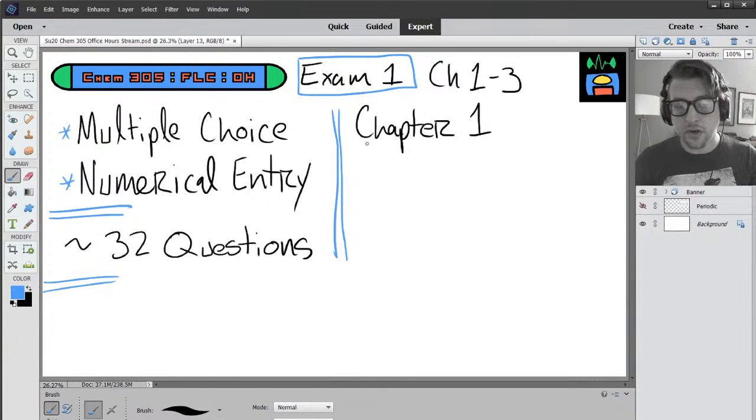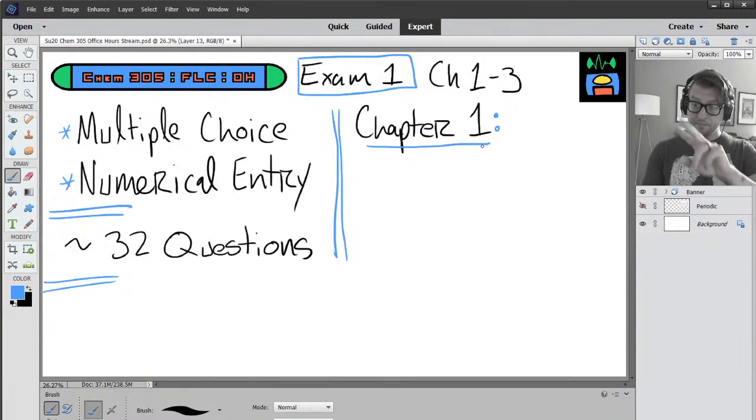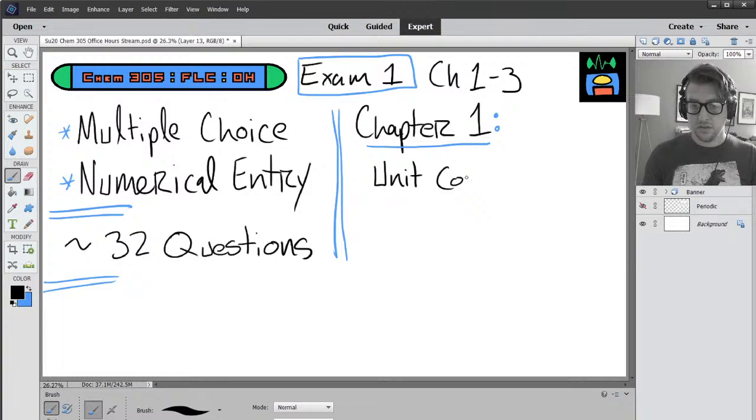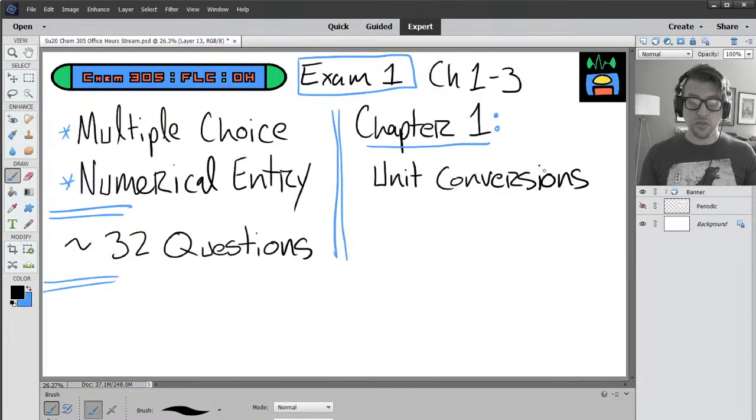The chapter 1 material that is on this exam touches on 2 topics. One is unit conversions, which we've done plenty of in lecture and lab, and unit conversions are just all over this course.